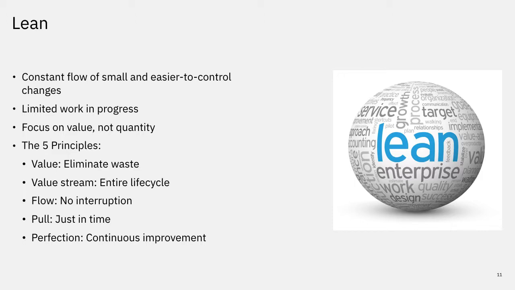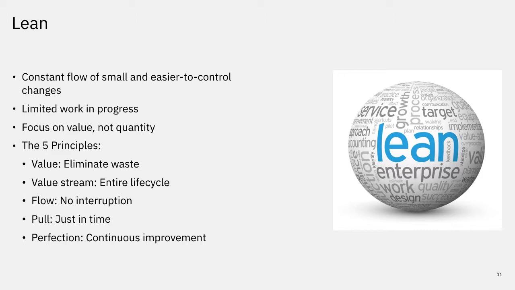Always ensure that your work in progress is limited, and then you're able to deliver more value. So the 5 principles of lean software development: value, eliminate waste, then you produce more value.